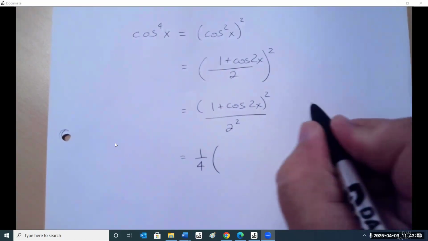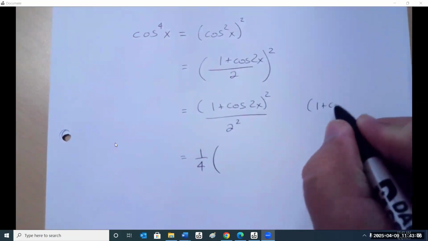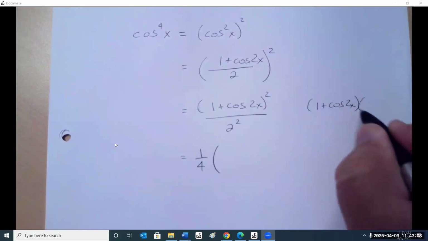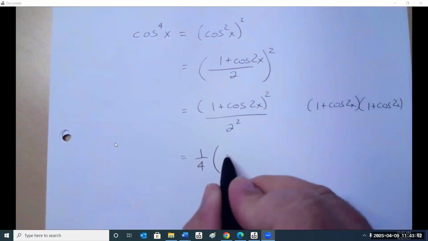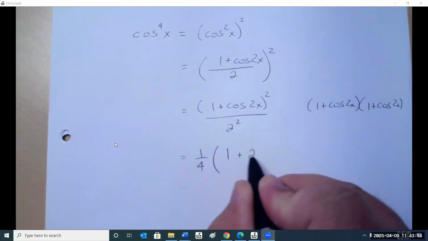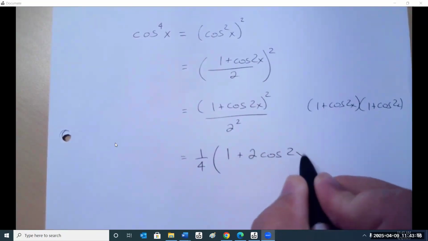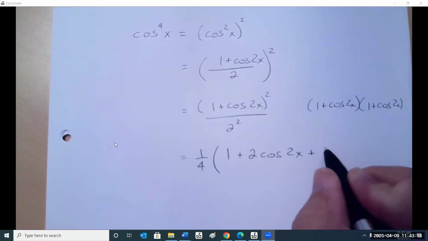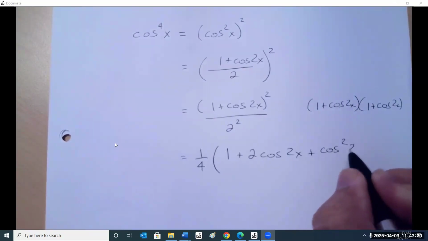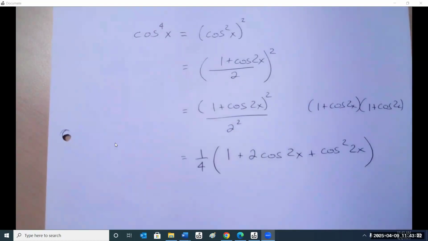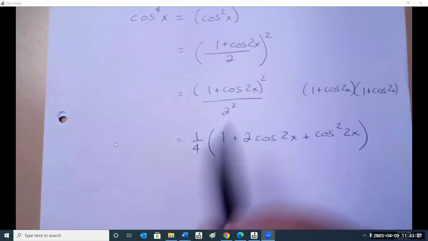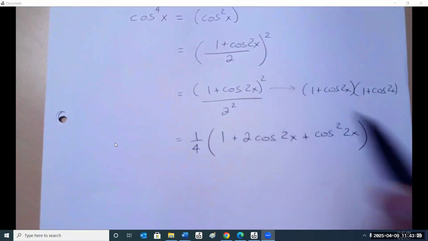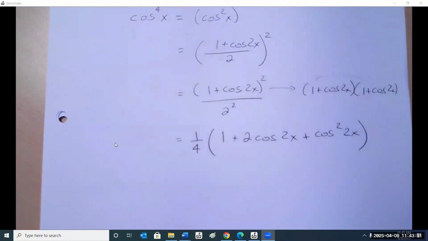So this becomes 1 plus cosine 2x times 1 plus cosine 2x, which becomes 1 plus 2 cosine 2x plus cosine squared 2x. I just FOILed it. And foiling it gives me this.